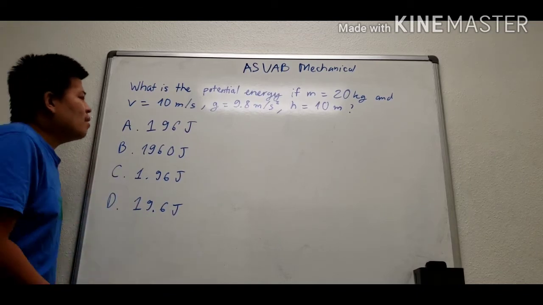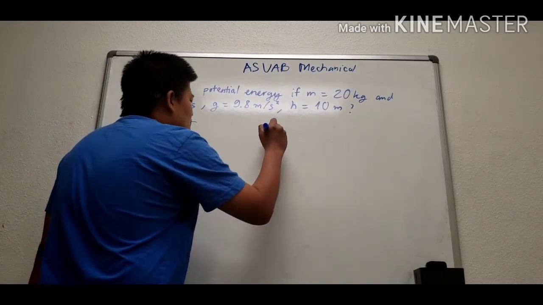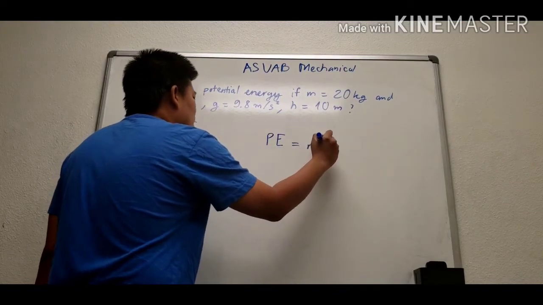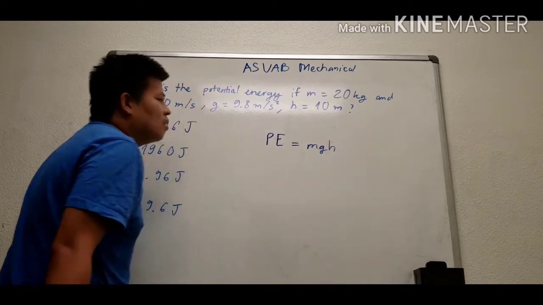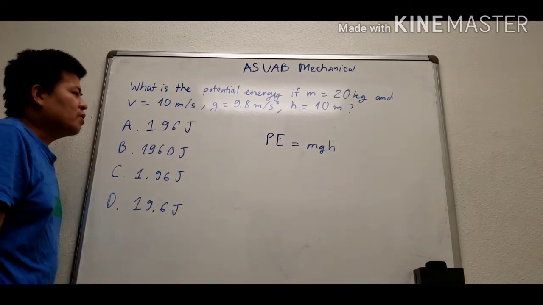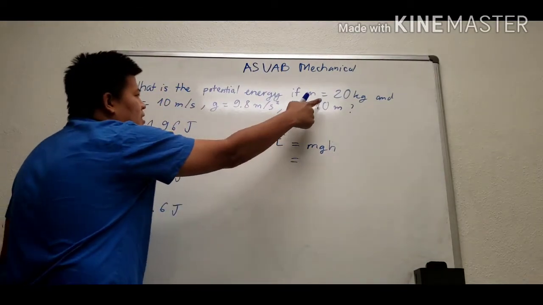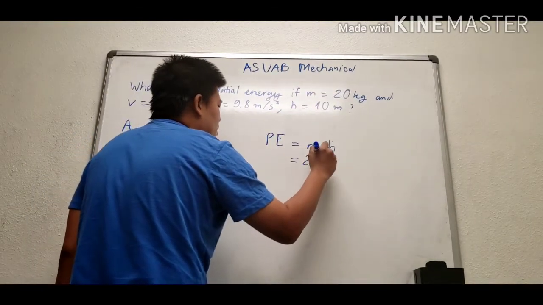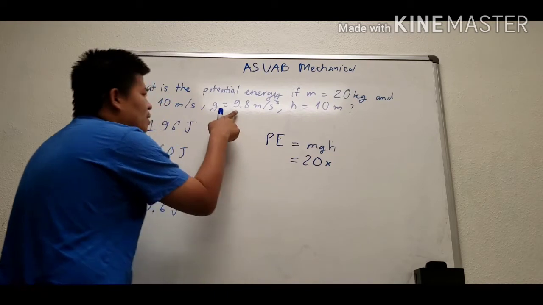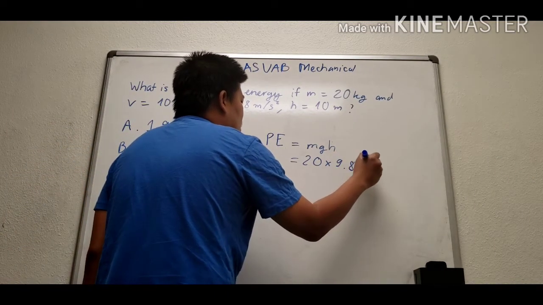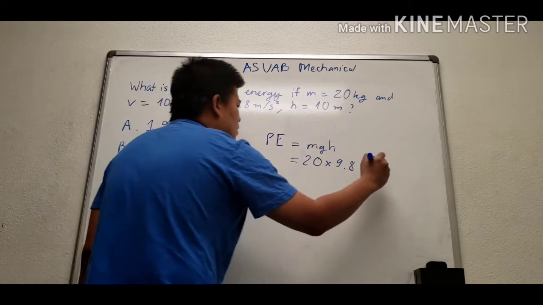So to apply potential energy, we have PE equal to mgh. So that's about potential energy. We have 20 kilograms in here. Multiply with the gravity is about 9.8. Then we multiply with the 10.